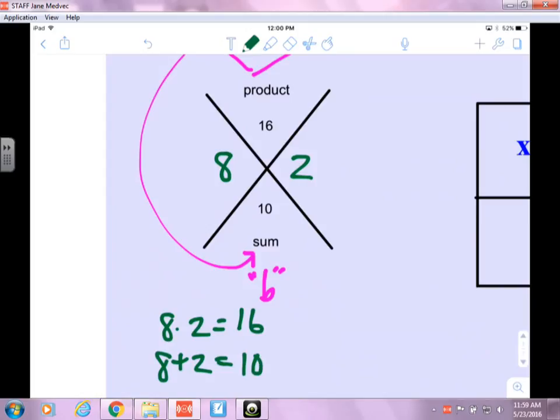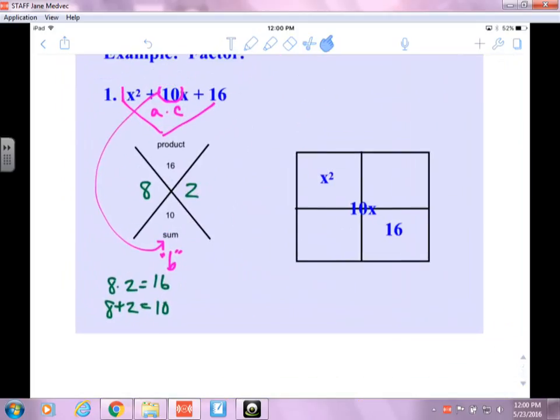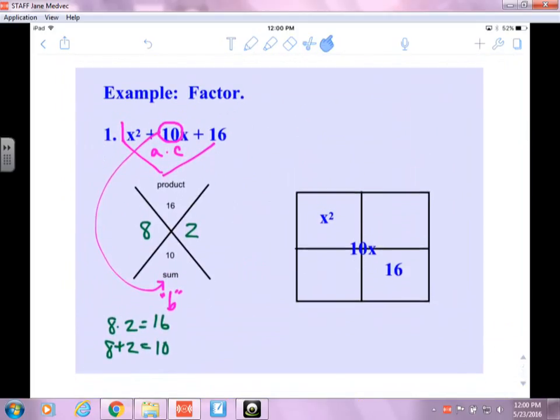I remember some of you doing it going, why am I doing this? It seems really stupid, it's just a bunch of X's on a sheet of paper. Now we're going to see how this applies. I'm going to take a look at my boxes here. I'm going to take the 8 and put it in this box, making this 8x.